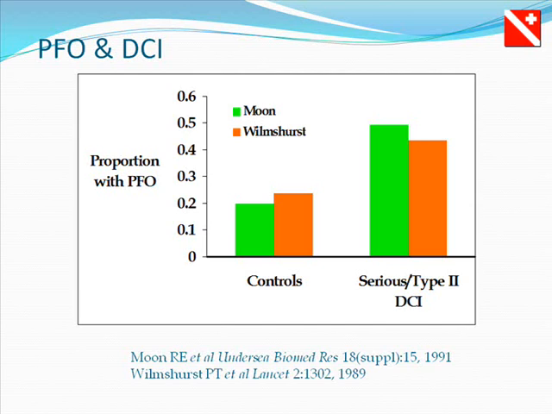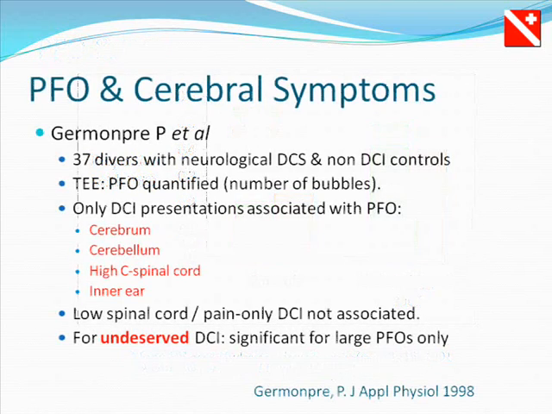Moon and Wilmshurst was definitely able to show that you are likely to get more serious decompression illness with a PFO. And perhaps one of the most useful studies by Peter Germonpré was to say that the type of DCI matters. In other words, the type of DCI you get with a PFO tends to be brain, cerebellum, high spinal, or inner ear.